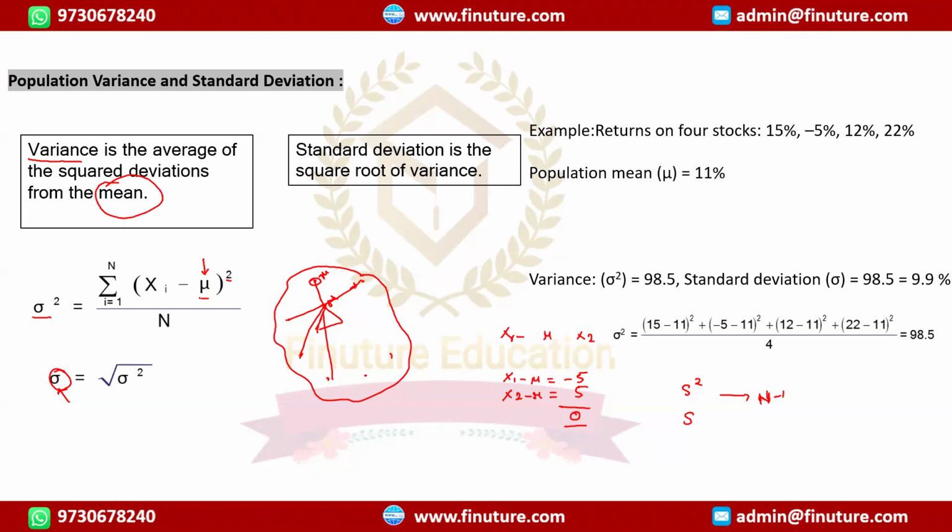This mu also would be one of the data points out of the data set. So this deviation is not something unknown to us; it is already known to us. That's why in this case we divide by n minus 1. Of course you don't have to calculate it, but if you're going for interviews, these questions are sometimes asked.